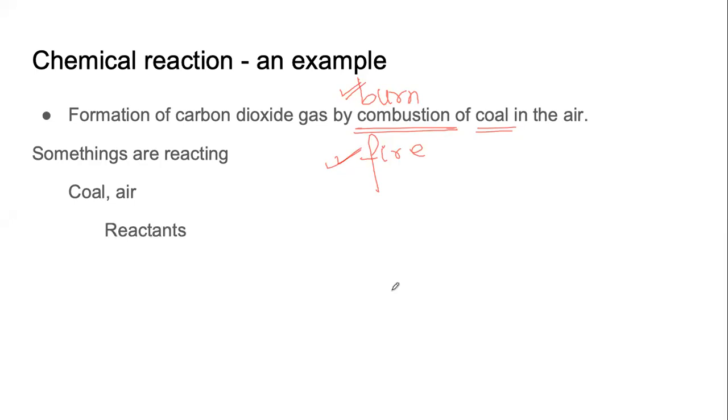So in a chemical reaction, we have certain things which are reacting with each other. They are called reactants. Something is being produced here. What is being produced here? Carbon dioxide.